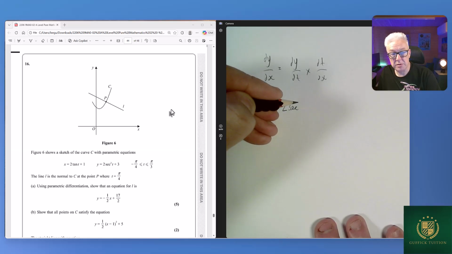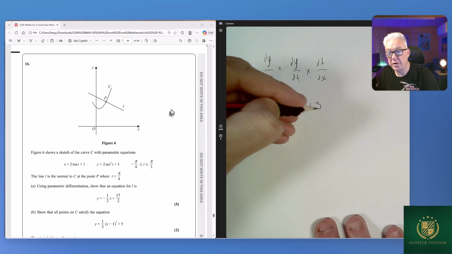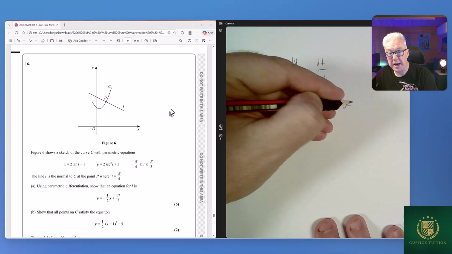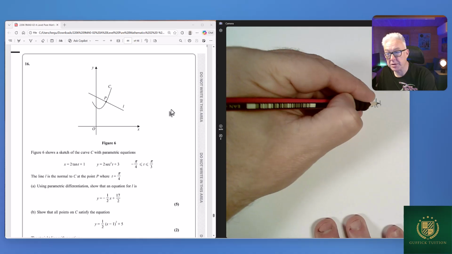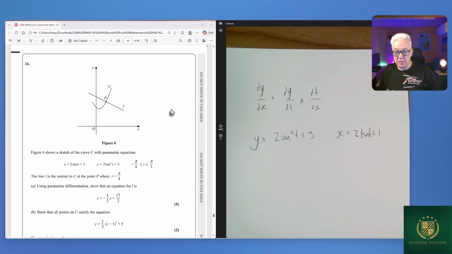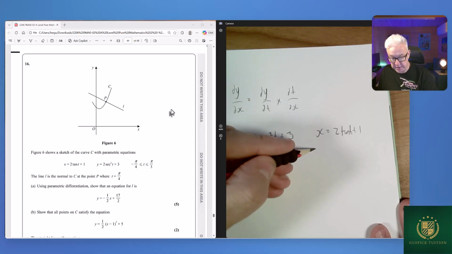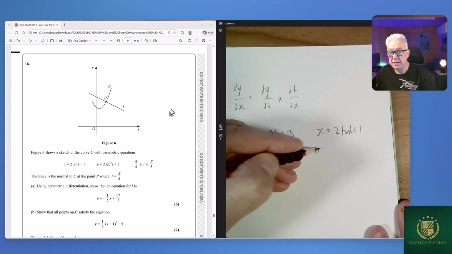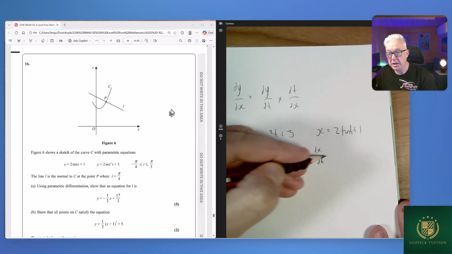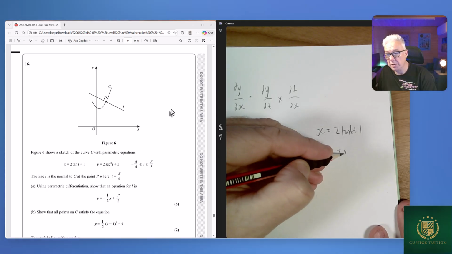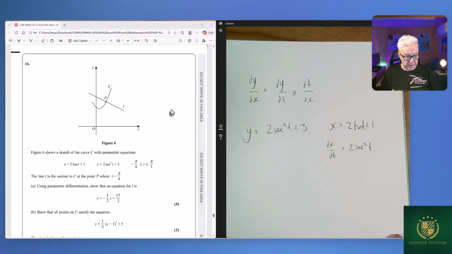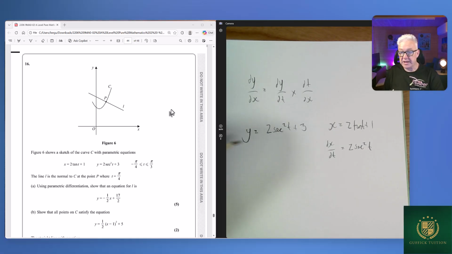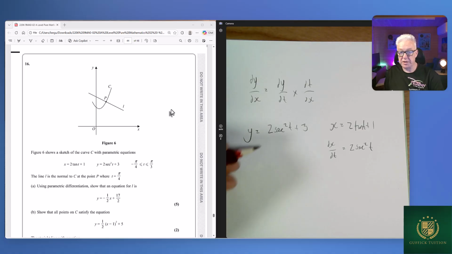We've got 2 sec squared t add 3 is our y, and our x is equal to 2 tan t plus 1. Differentiating the x first, dx by dt is going to equal 2 sec squared t, because tan differentiates into sec squared and the 1 disappears.